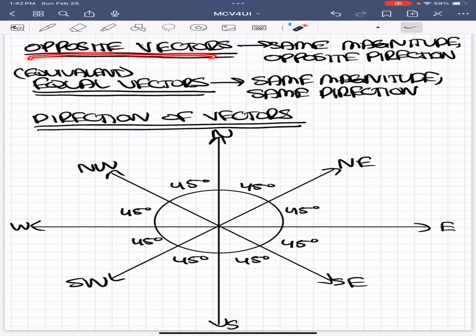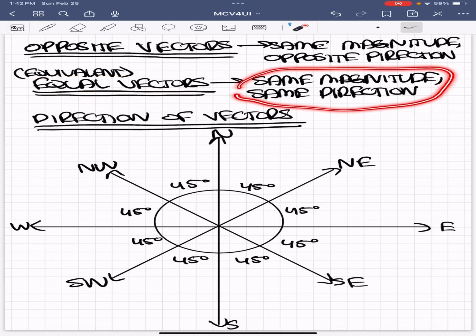So, opposite vectors have the same magnitude but opposite direction. Equivalent or equal vectors have the same magnitude and same direction.